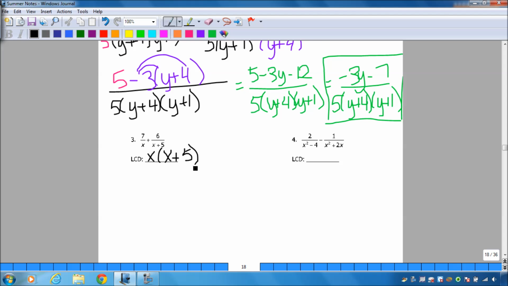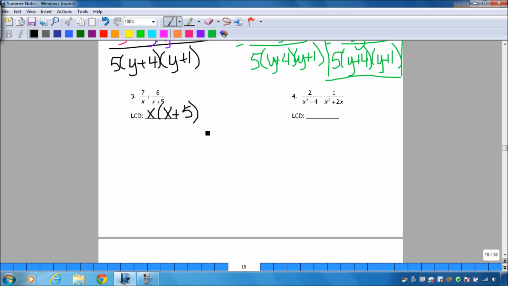Okay? So now I'm going to rewrite my fractions so that they work for me. So I've got 7 over x plus 6 over x plus 5. All right. So the first fraction I'm going to multiply by x plus 5 over x plus 5. Don't forget your parentheses. And then the second fraction I'm going to multiply by x over x.